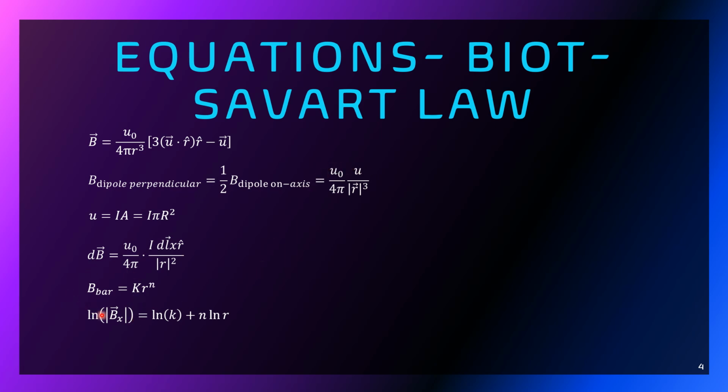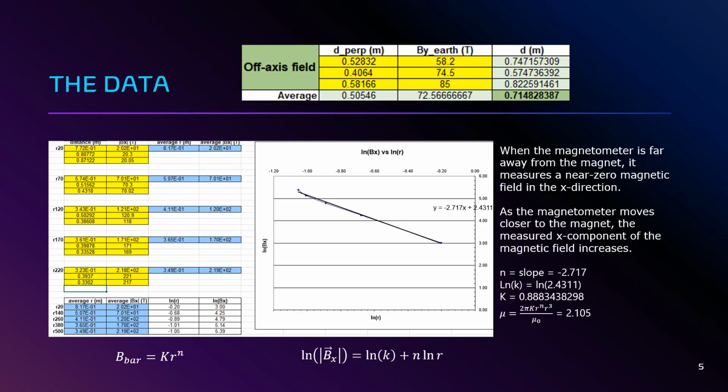Now we also know that we have these two equations that are going to be very important in the next slide, which is going to help us find our magnetic field and our equation, our dipole moment.